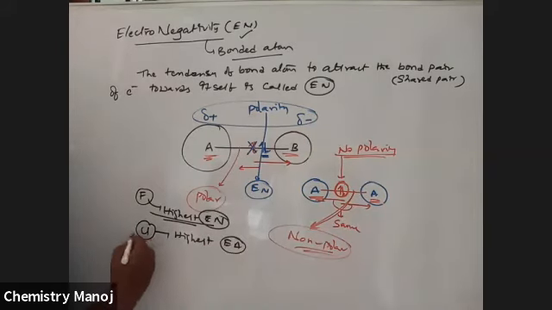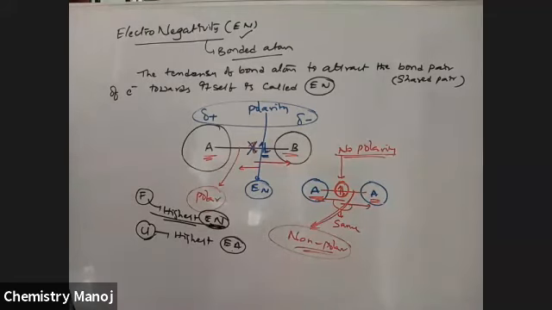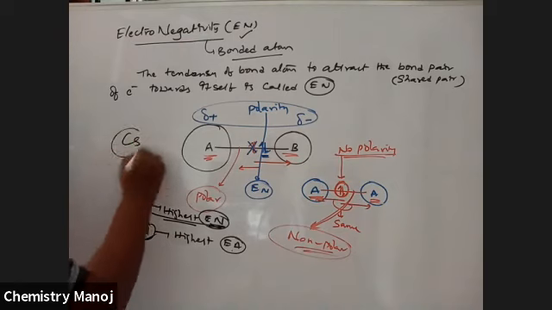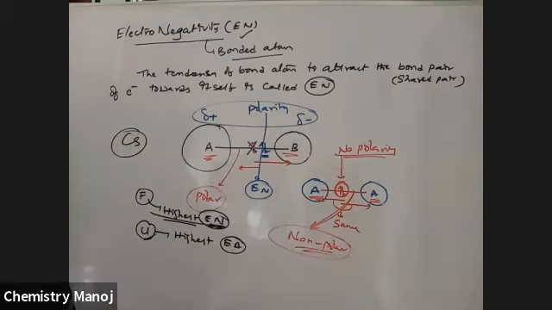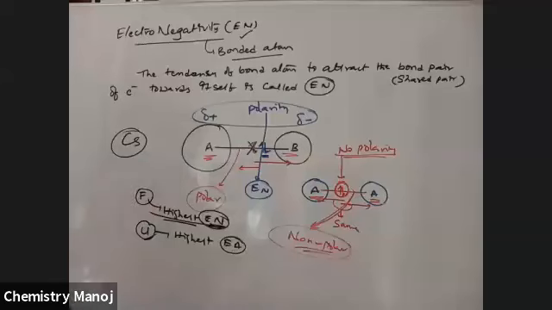Electron affinity is highest for chlorine, while electronegativity is highest for fluorine. Least electropositivity or least electronegativity, both are applicable for cesium. Cesium has least electronegativity. Okay, so these are very, very important points towards your electronegativity.